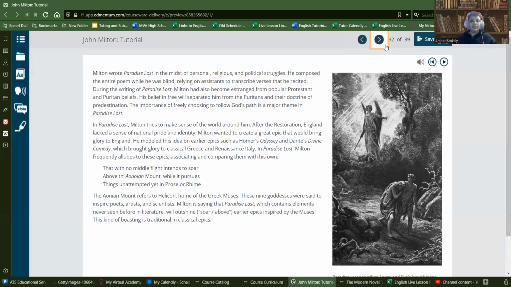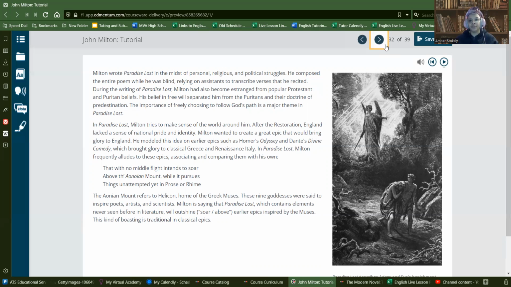So he basically was able to recite verses the way he wanted them to be written. And he had assistants that would write down what he was saying. And if he wanted to correct something, he would have them read it back to him and he would adjust it.